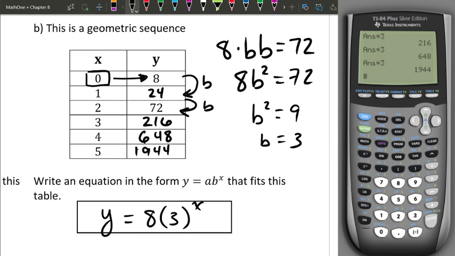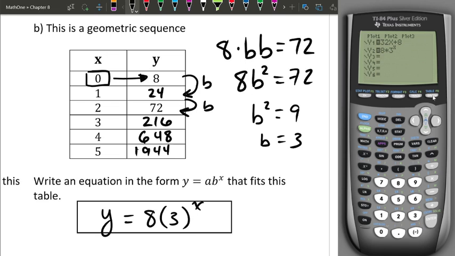So another way that I could do that is I could enter that in my y equals also. I just hit y equals, and I can come down here and enter a second equation. I'm going to just go 8 times 3 raised to the x power.